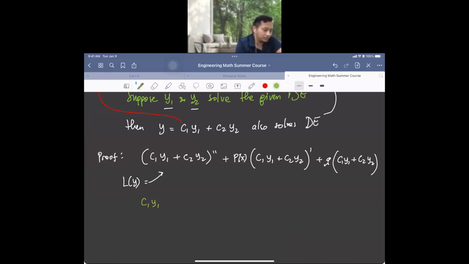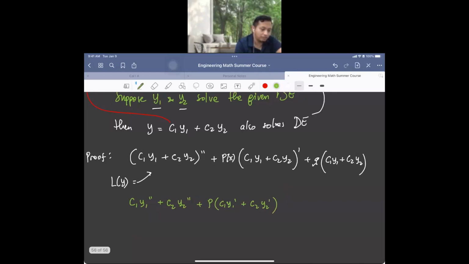Let me just write C1 Y1 double prime plus C2 Y2 double prime, and plus P, writing p of x as just P, times C1 Y1 prime plus C2 Y2 prime, plus Q times C1 Y1 plus C2 Y2.